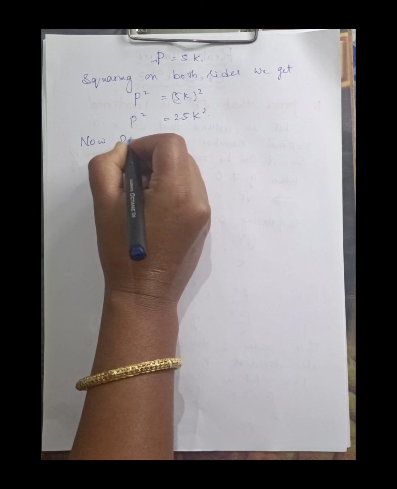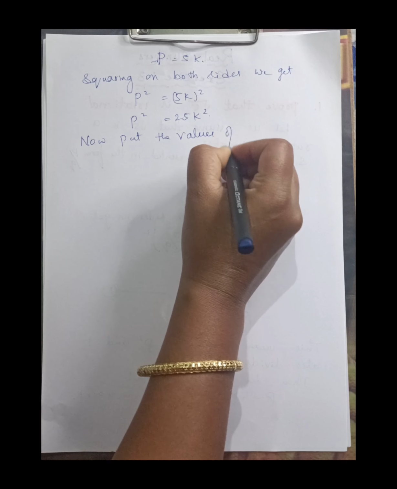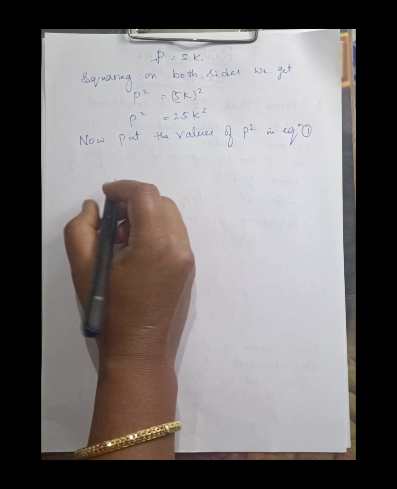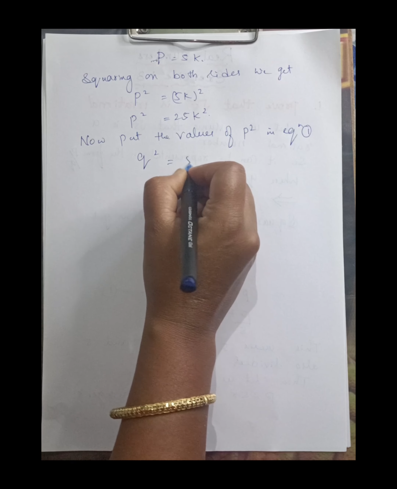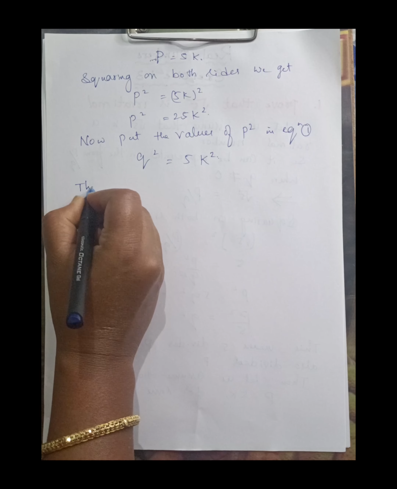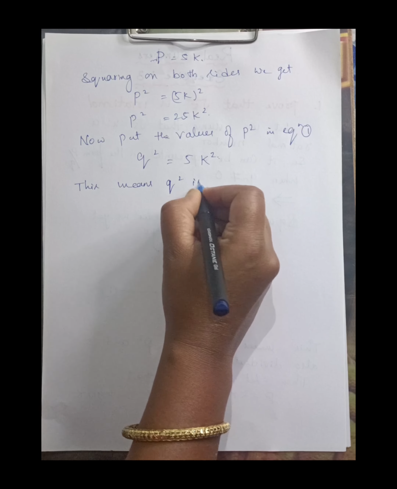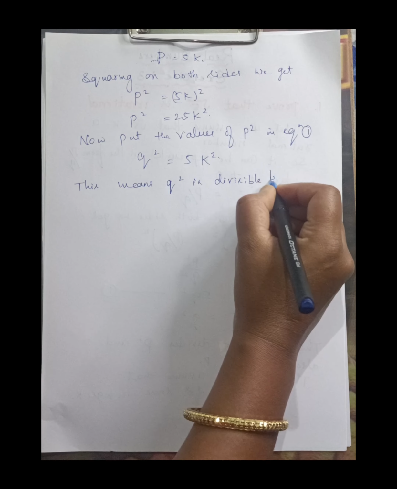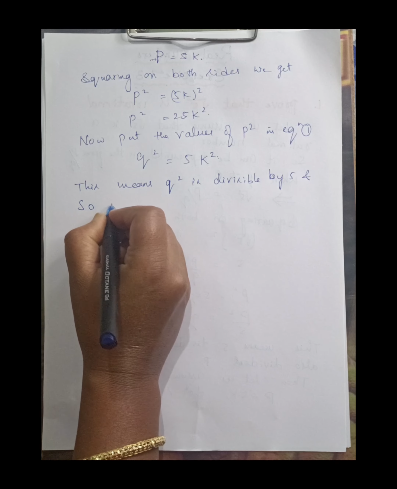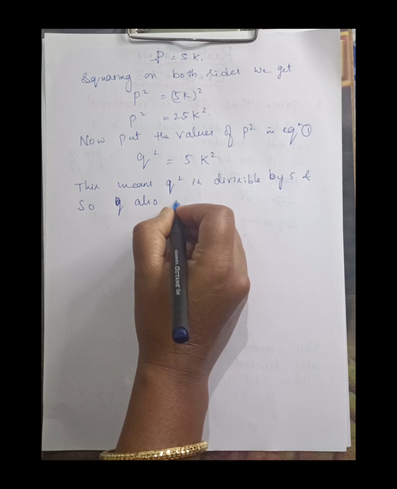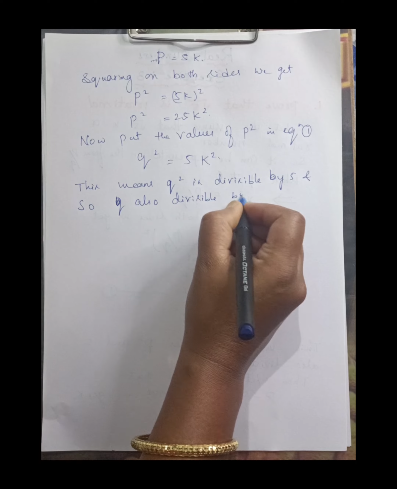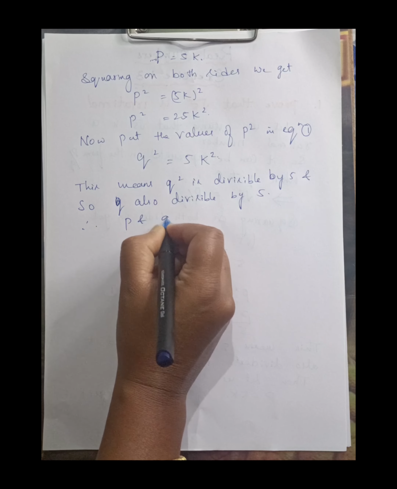Now, put the value of p square in equation 1. Then equation 1 becomes q square is equal to 5k square. This means q square is divisible by 5 and q is also divisible by 5.